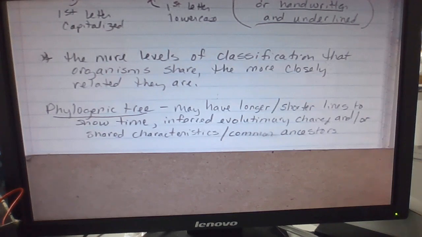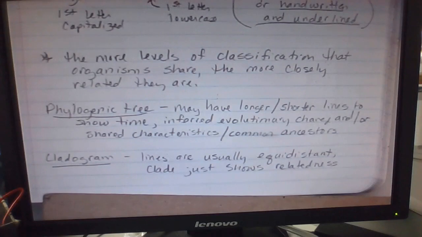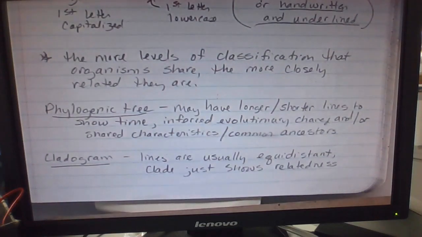A phylogenetic tree may have longer or shorter lines to show time, inferred evolutionary change, and/or shared characteristics and common ancestors. In a cladogram, the lines are usually equidistant, and the clade just shows how critters are related to each other.